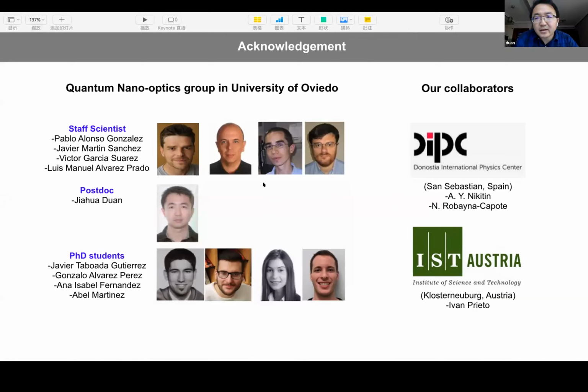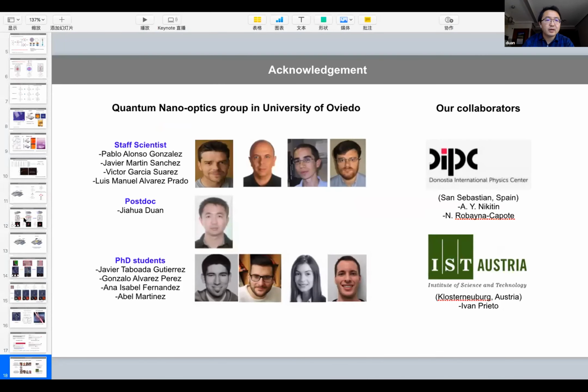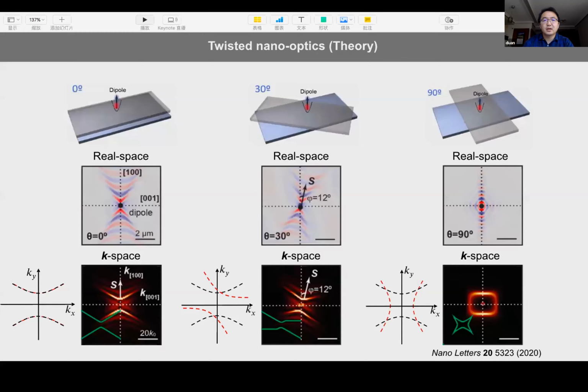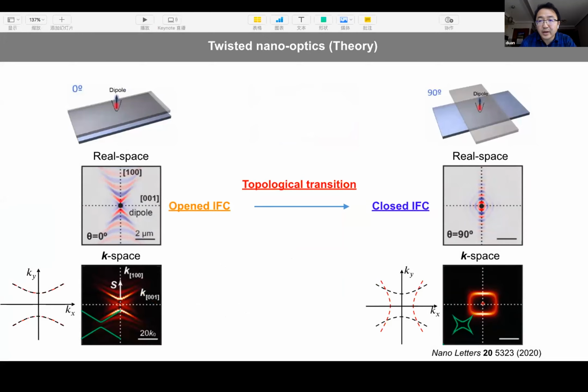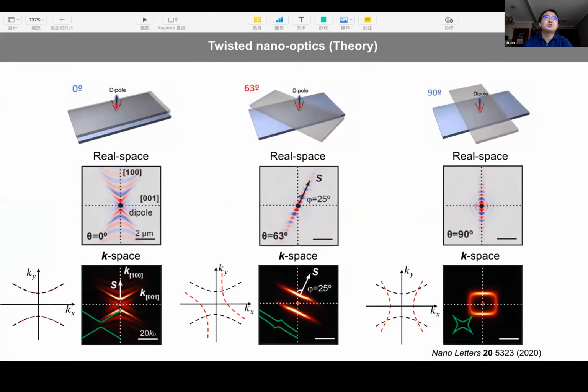Okay, this is actually quite a good question, because I think I need to explain a bit. What I show you is totally different physics compared with the Moire physics, because this is the coupling of two anisotropic electromagnetic modes.